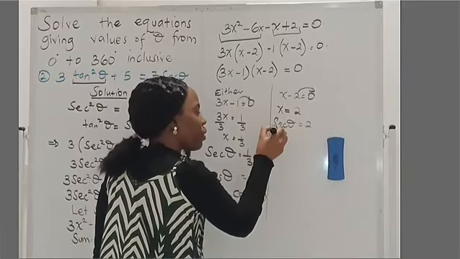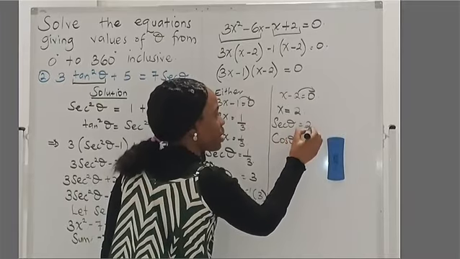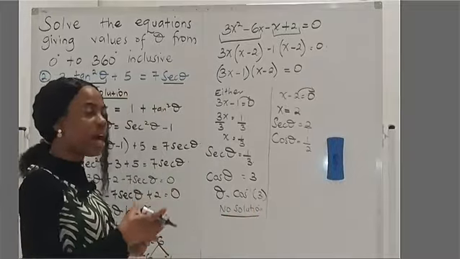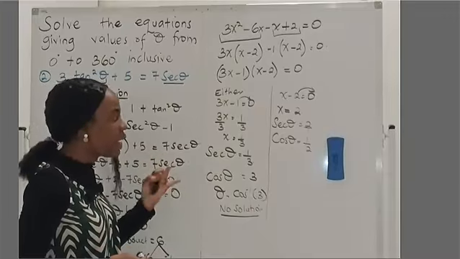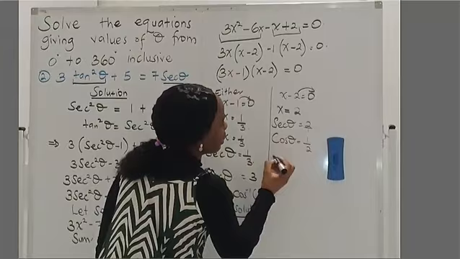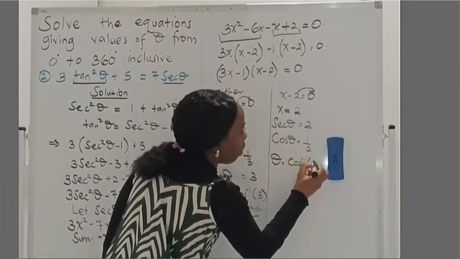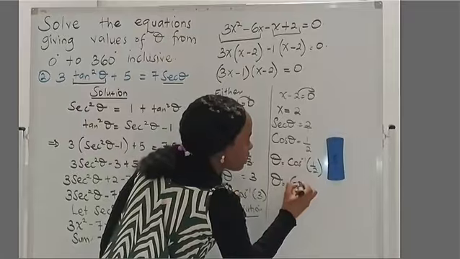So cos theta is equal to the reciprocal of 2, which is a half. We need to deal with the primary trig ratios, that is cos, sine, or tan. So I will have my theta as cos inverse of a half. So my theta is equal to 60 degrees.